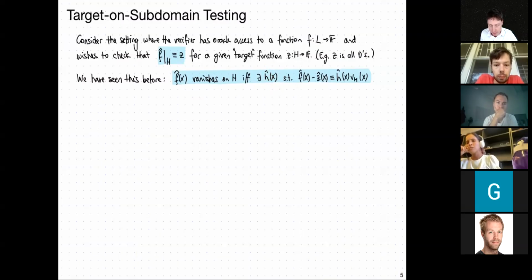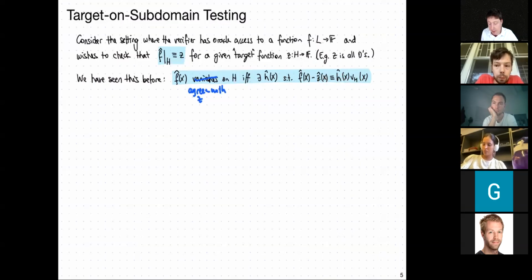Just a second, here there's a typo. f hat agrees with z on h if and only if there is a quotient polynomial, so that when you subtract z hat from f hat, you get h hat times the vanishing polynomial, right?